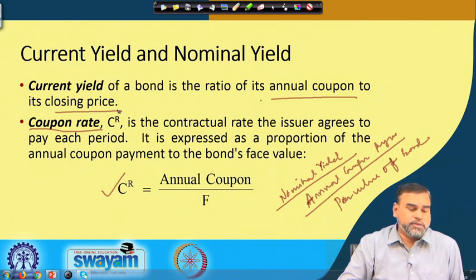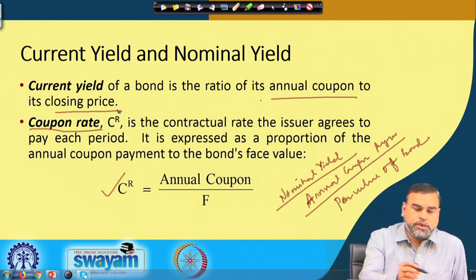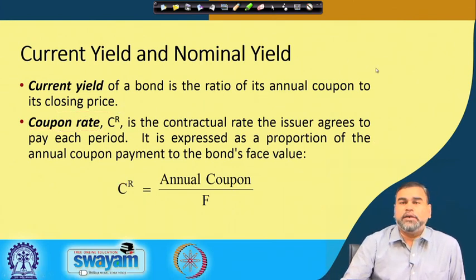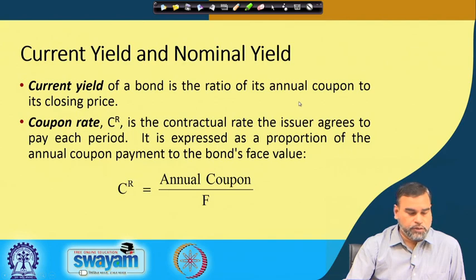The basic difference between current yield and nominal yield is that the nominal yield is coupon divided by the face value of the bond, whereas the current yield is the coupon divided by the market price of the bond.